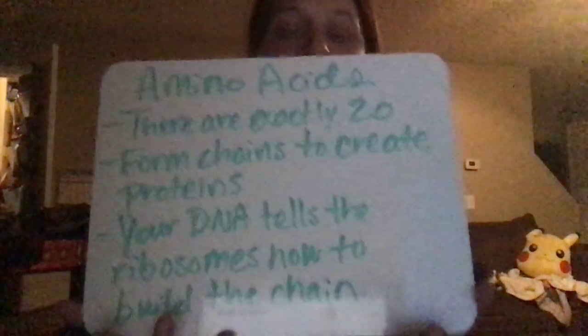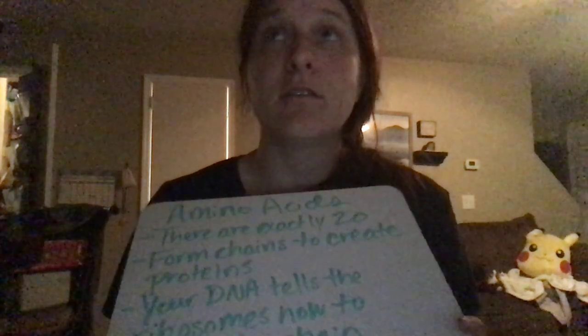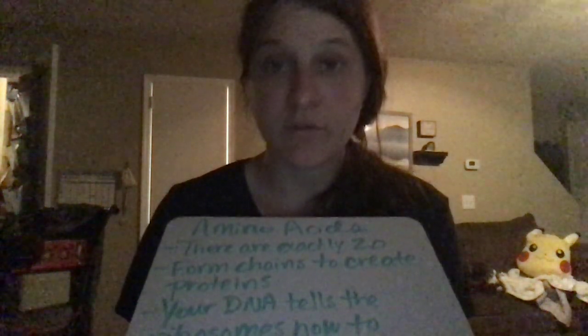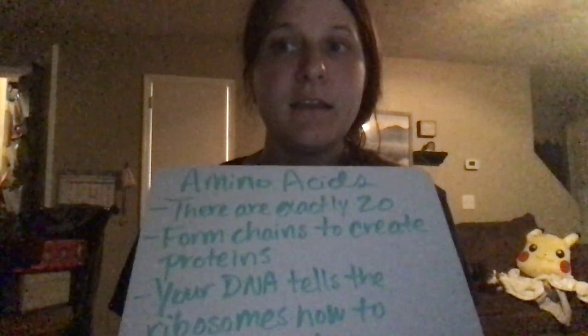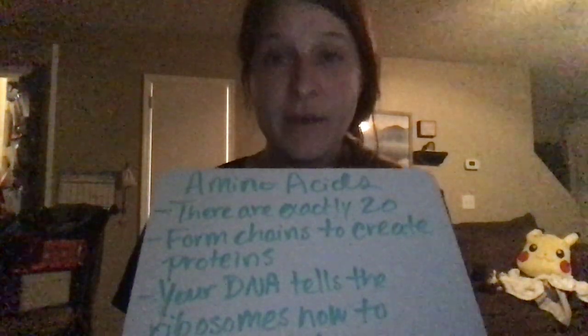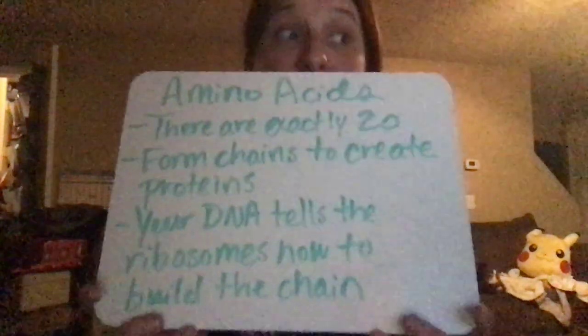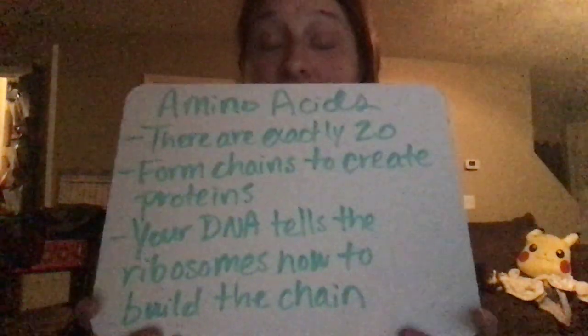And your DNA, this happens, the amino acids are assembled in the ribosome of your cells, okay? And your DNA is what tells your ribosomes how to build the protein chain, okay? So your DNA is in your nucleus. The RNA comes in there, reads the code, travels out of the nucleus. DNA doesn't go anywhere, stays right where it is.